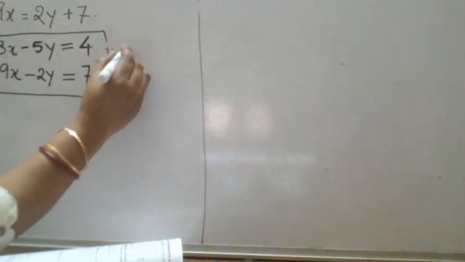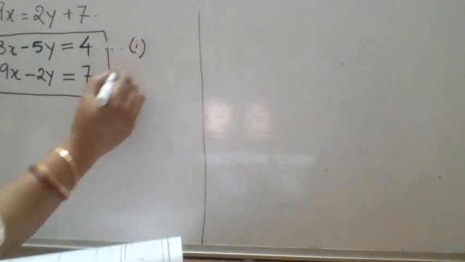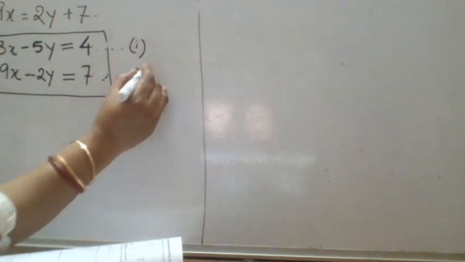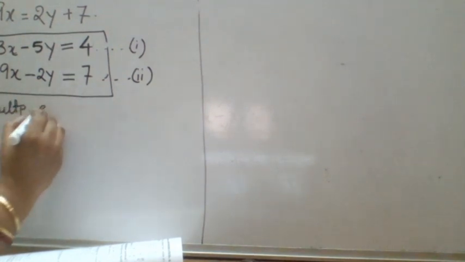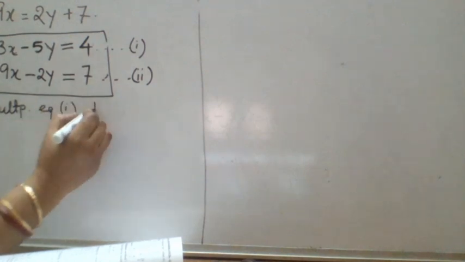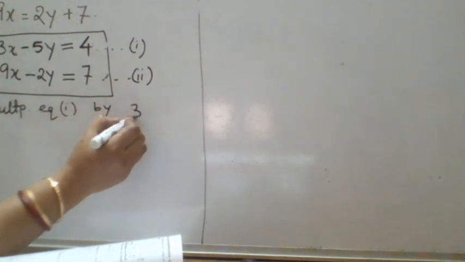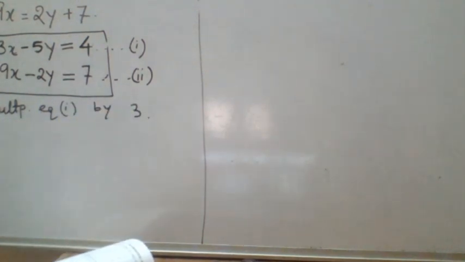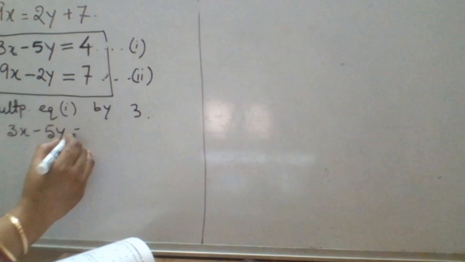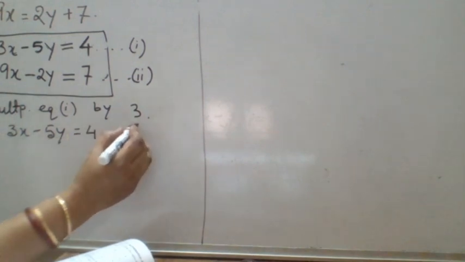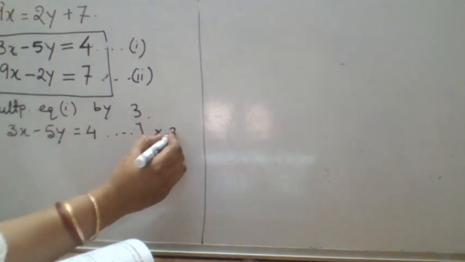So let this be your first equation and this one is your second. So multiplying equation number 1 by 3, we get 3x minus 5y equal to 4. This is multiplied by 3.